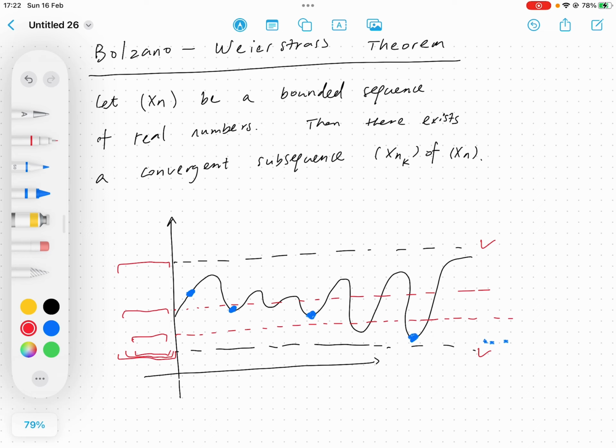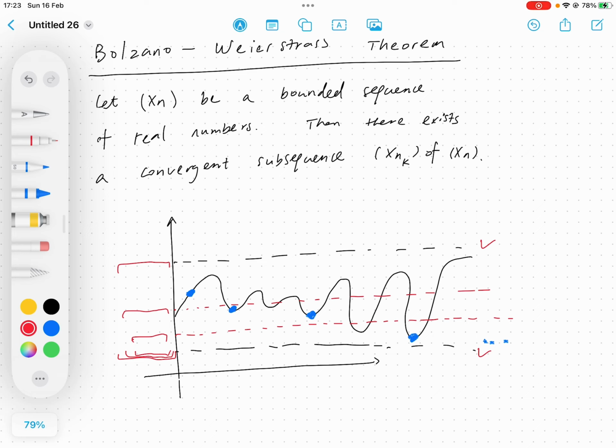We can always find a subsequence of that original sequence that is a convergent subsequence. This must be an infinite sequence; we haven't plotted all of those, so we have more points after this.